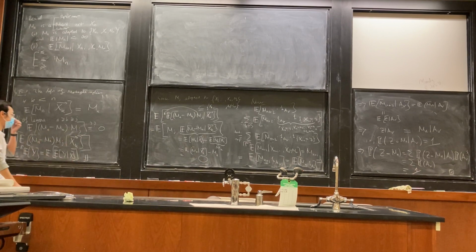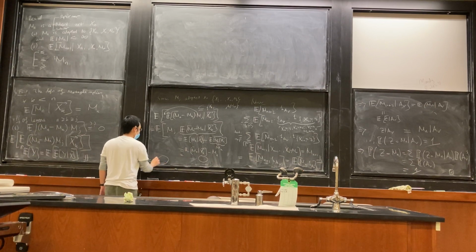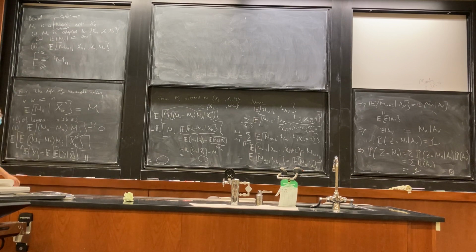And so you're looking at the expected value of 0. And, well, that will imply 0. Okay. Is that nice? Yeah. You see, I just manipulate, again, just the martingale property and the conditional expectation property.